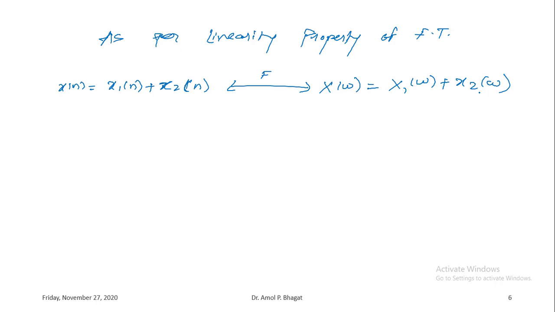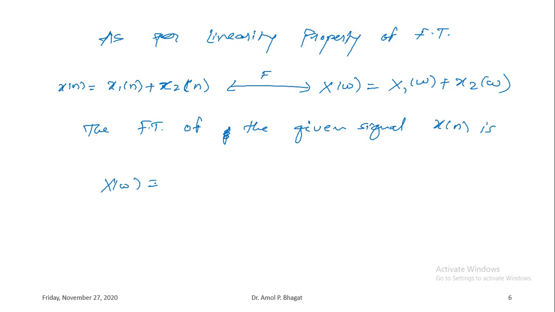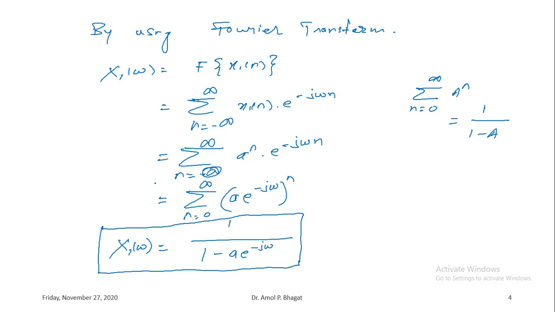So therefore the Fourier transform of the given signal x of n, this is the required Fourier transform of x of n, that is x of omega. So we'll simply sum these two values, x1 of omega and x2 of omega, right?